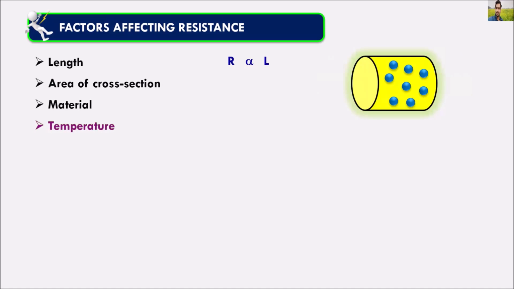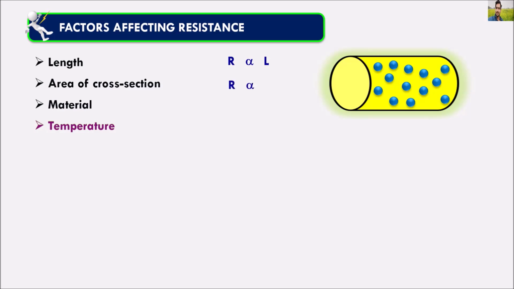So if we have a conductor and we increase its length, resistance also increases. Resistance is inversely proportional to area, which means if the area of cross section increases, resistance would decrease.